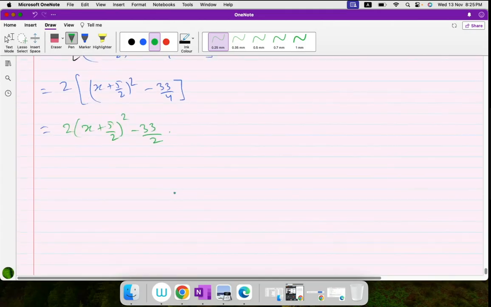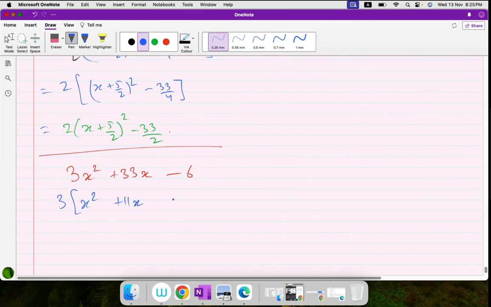Now let's do one with a negative sign. Let's say we have 3x square plus 33x minus 6. So taking out common, x square plus 11x minus 2. And I wanted to try with the negative sign.